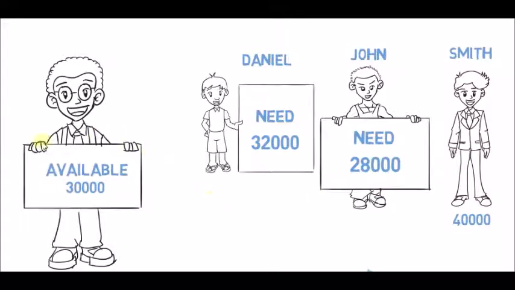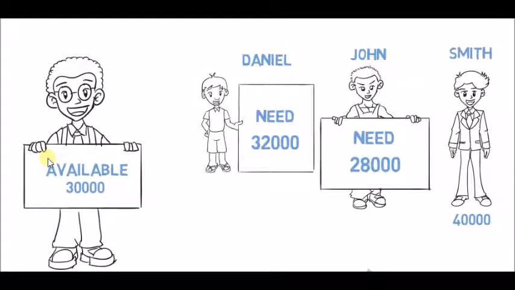So the previous available money is 2,000 rupees, plus John returns the loan of 28,000, so we have 30,000 rupees plus the installment cost of 4,000, which is 34,000 rupees. Now John's request is successfully completed.